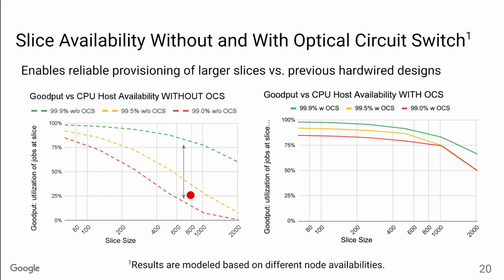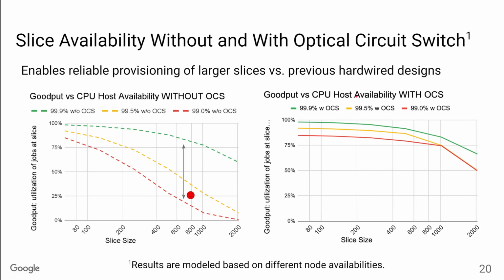This is a little graphic of the slice availability. If we pretend the OCS optical switching doesn't exist, this shows that as you ask for larger and larger worker pools or slices, the availability goes down. So probabilistically, as you have a success rate of, say, 99.5% or 99.9%, meaning 99.9% of chips are up, even with 99% of chips up, if you ask for a slice of size 2000, your availability approaches 0.